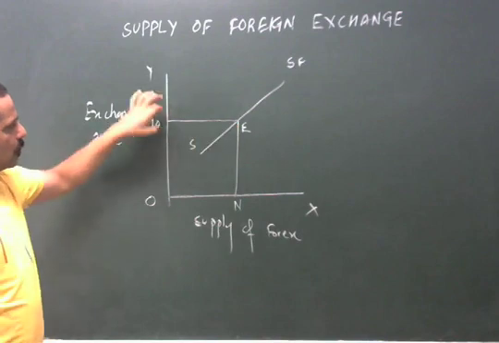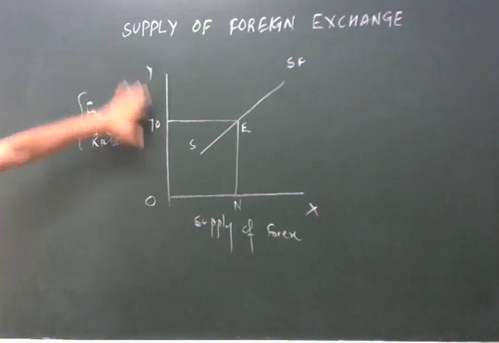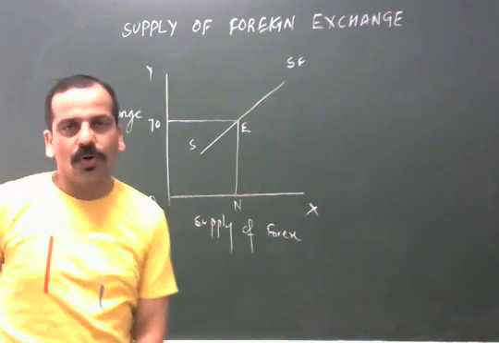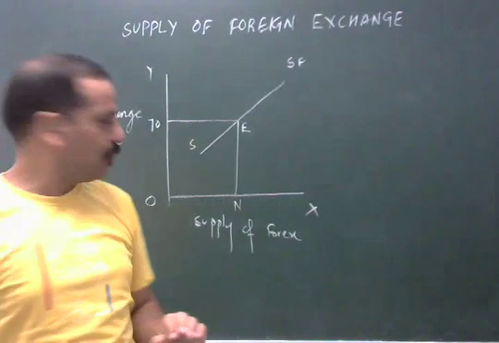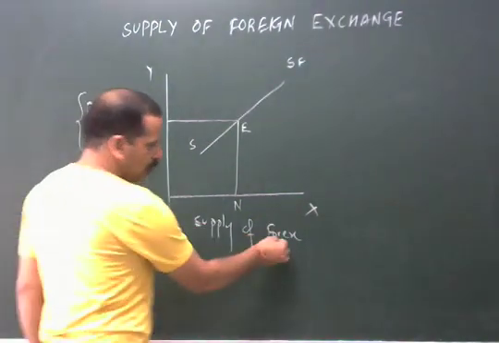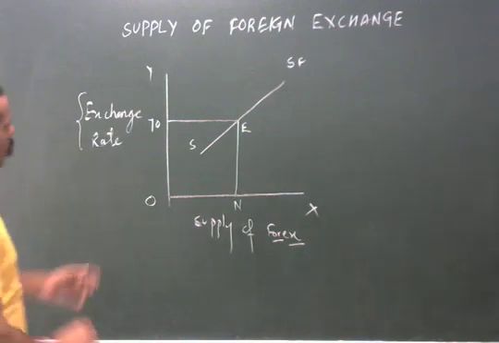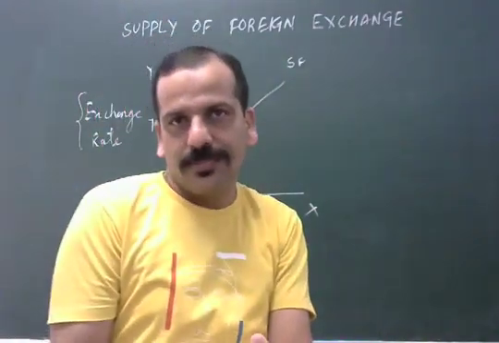I am taking the exchange rate on the OY axis and the supply of forex on the OX axis. Forex is in short foreign exchange. This is 70, the initial stage.